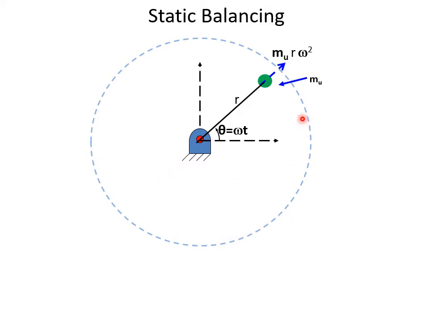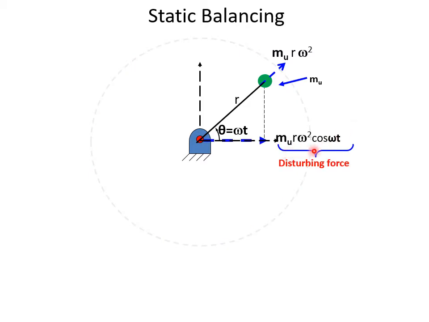So we can do it by resolving the components of mu r omega square. Let us say that mu r omega square cos omega t is the disturbing force in the horizontal direction, and there is a vertical component of the disturbing force which is given as mu r omega square sin omega t.